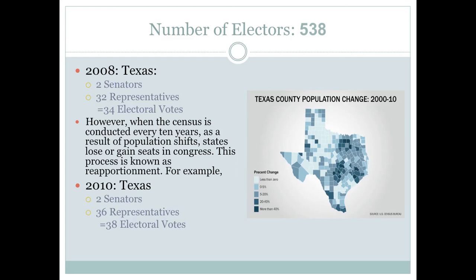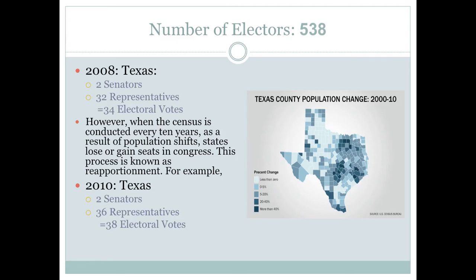Why do you think we gained so many representatives? Because look at that, our population increased. In fact, our population in Texas from 2000 to 2010 increased by over 4 million people, nearly 4.5 million. And more than half of those were Hispanic. And so the number of representatives that we received increased from 32 to 36, which is a net gain of 4 representatives.